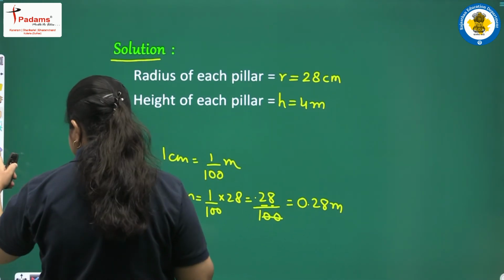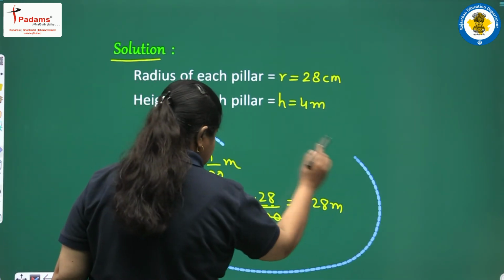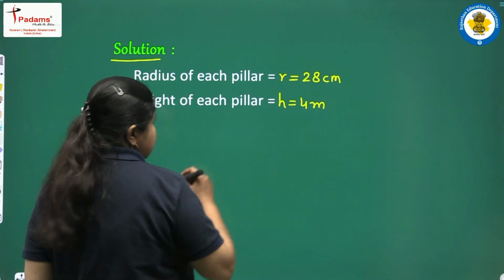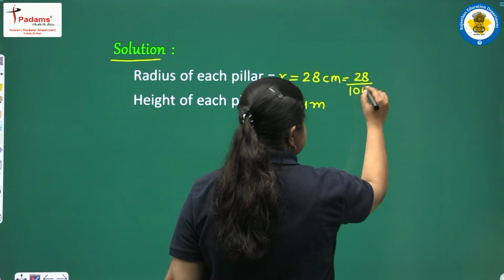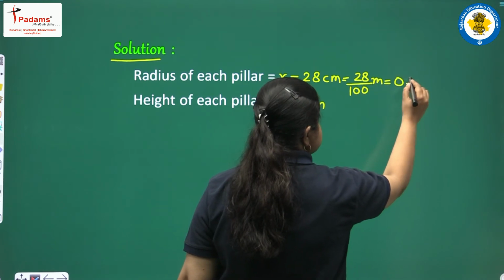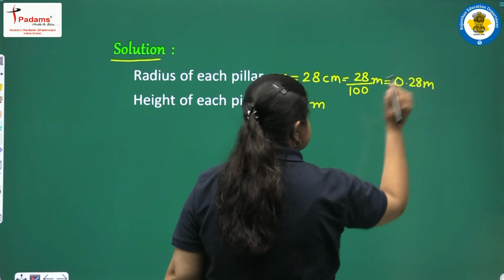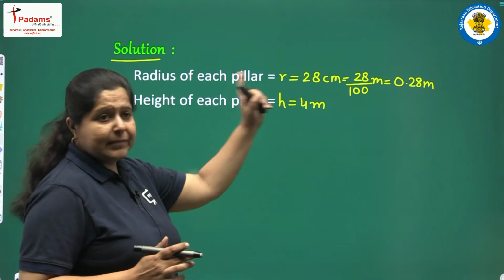Let me erase this rough part, this was just to explain, and this now can be written as 28 upon 100 meters, or we can write it as 0.28 meters. Now we have found the radius also in meters.